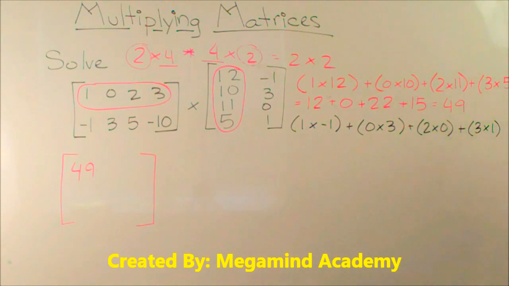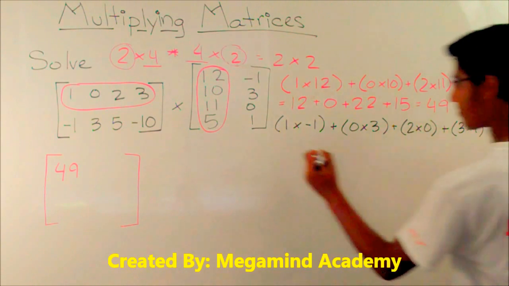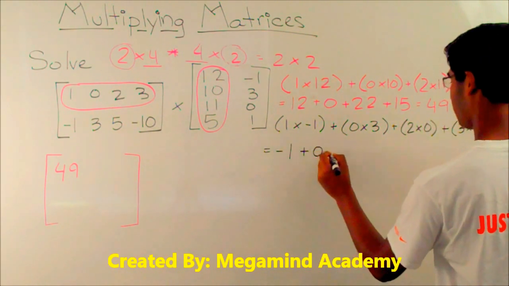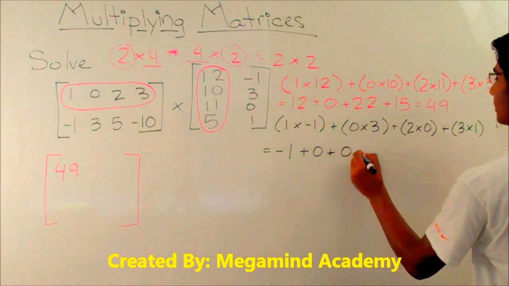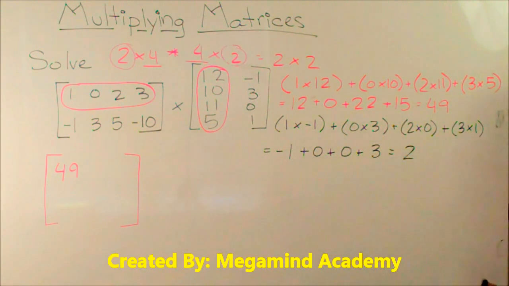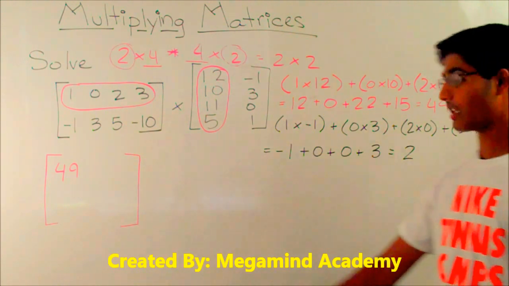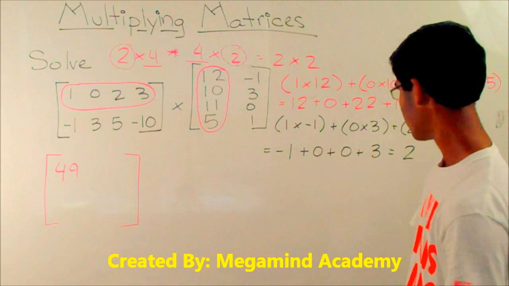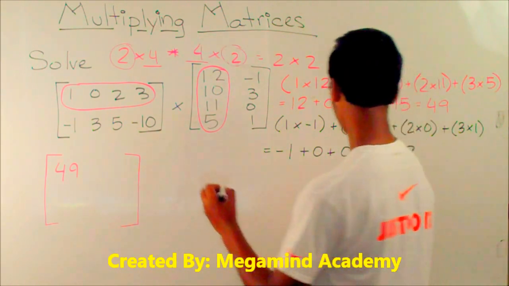See if you can do this yourself and figure out where it goes. We get 1 times negative 1 is negative 1, plus 0, plus 0, plus 3. That gives us a value of 2. So now we know that this goes in the first row, second column box. So it goes over here, 2.